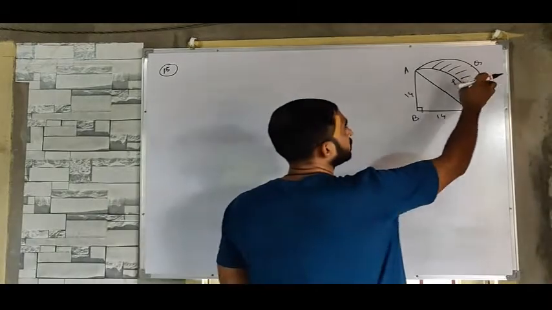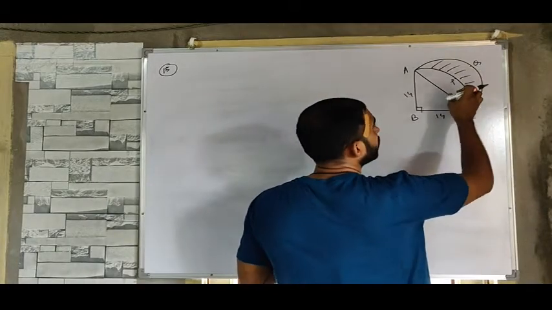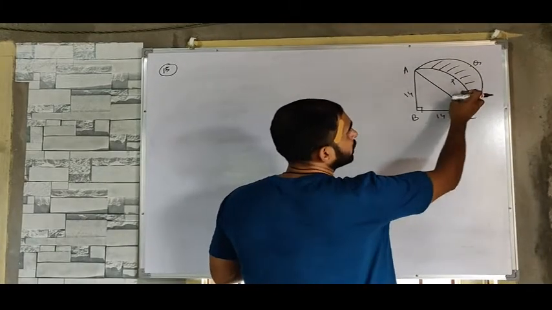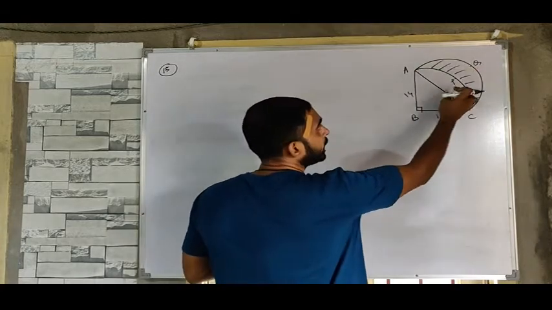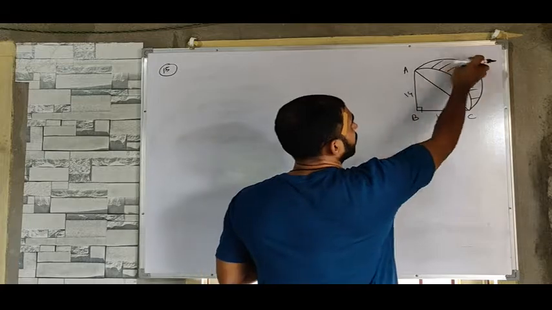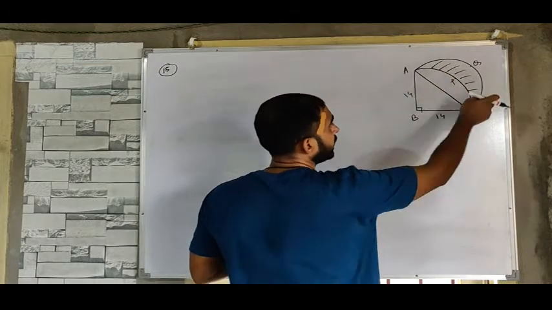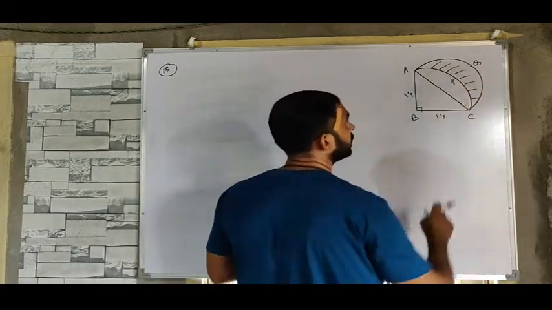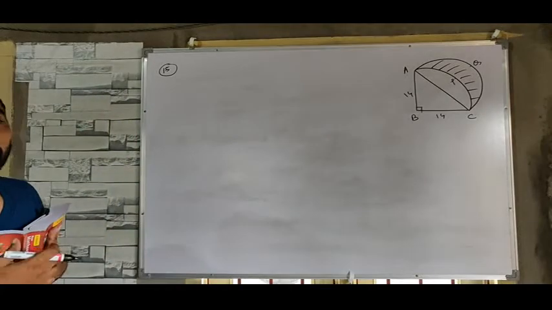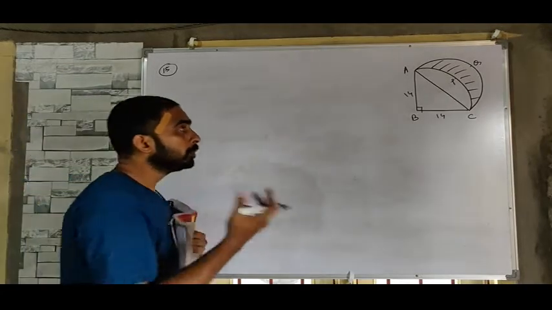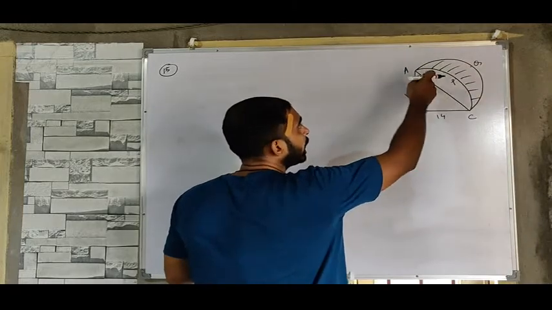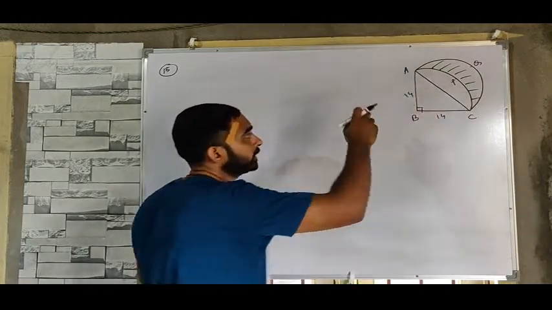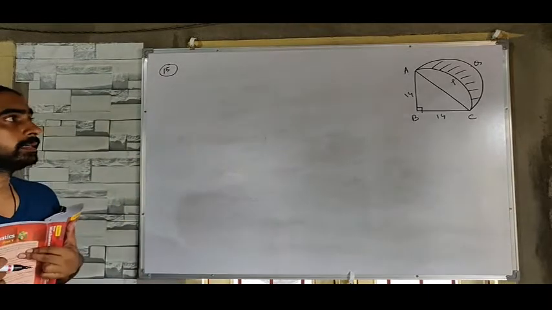To find out the value of this shaded portion, we first have to find the area of this minor segment, because if we subtract the area of this minor segment from the area of the semicircle AQC, then we will get the value of the shaded portion. Before that, to find the area of the semicircle AQC, we have to find out the value of AC, because AC is the diameter of that semicircle.